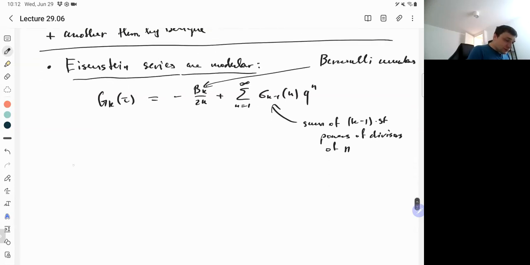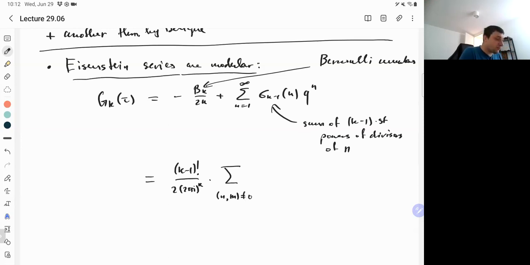But the right definition is the following. There's a normalization constant, which you don't have to think too hard about right now, about why it's chosen this way. But then it's a sum over a lattice.